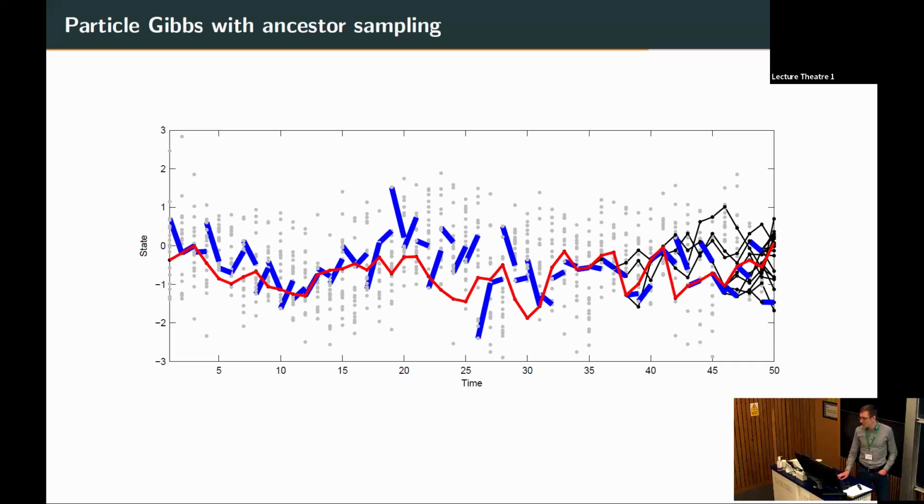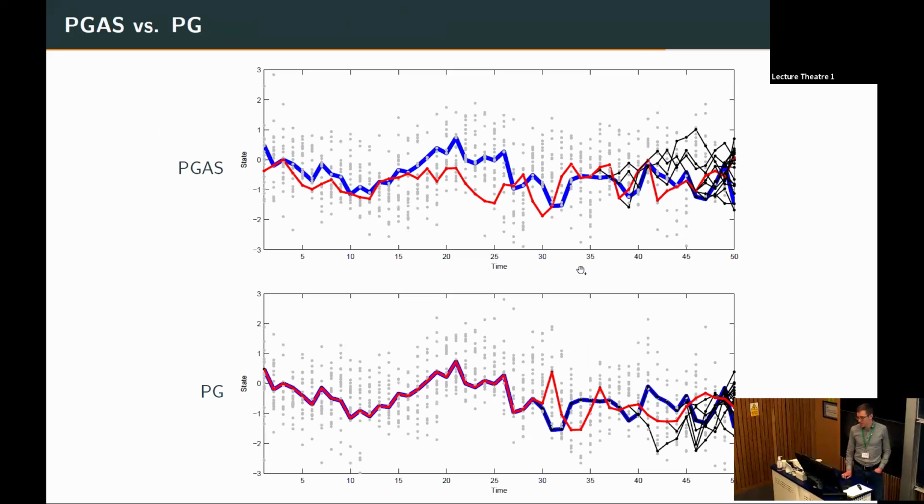But if we now pick one trajectory here at the end and trace that genealogy, there's a good chance that this will now be something different from the reference trajectory. And if we plot the two trajectories on top of each other, that becomes more apparent. Even with this ancestor sampling step, we have degeneracy, but we will degenerate towards something other than the input.